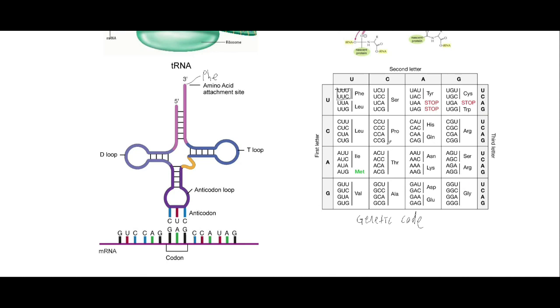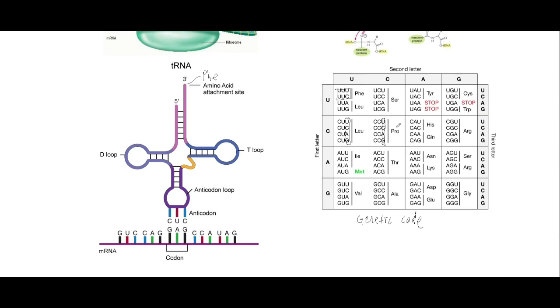So all of our amino acids are accounted for here, and in fact, there are a lot of redundancies in it. So proline has three different codes that it can be, and you'll also notice that it's usually the third letter that is degenerate, as they call it.